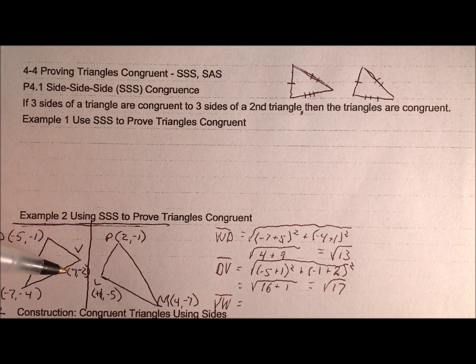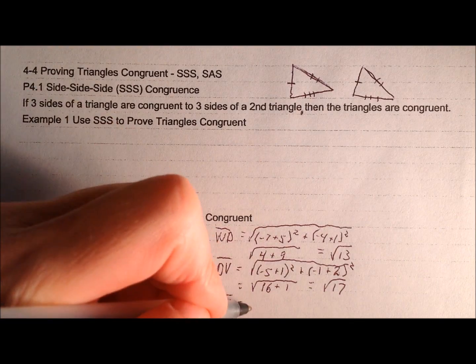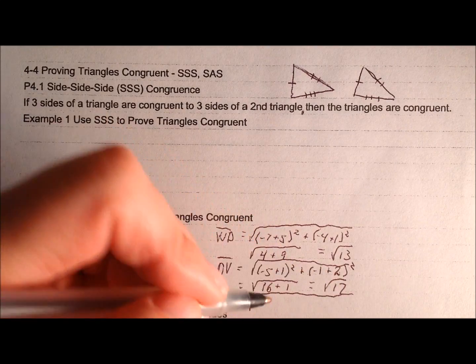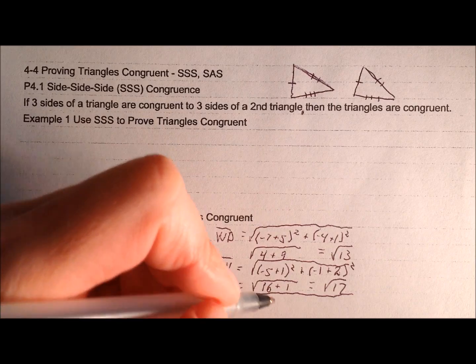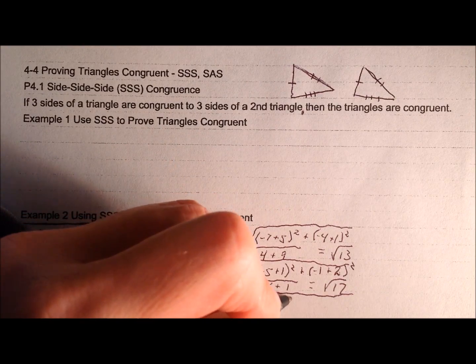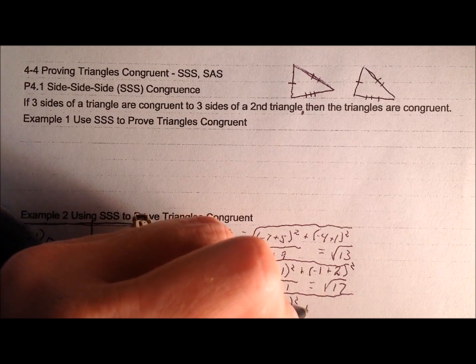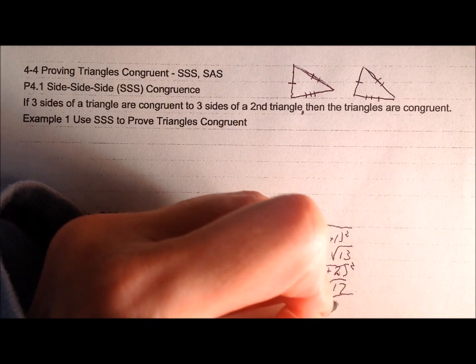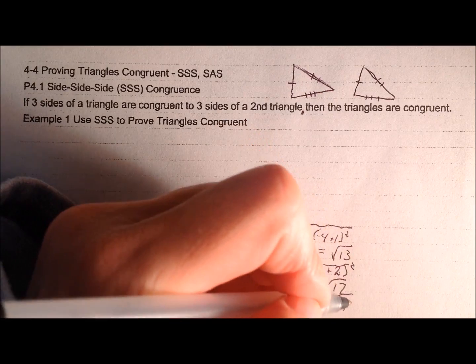And I should have left more room, but for segment VW, which has coordinates of -1, -2, and -7, -4, we'll substitute those points into the distance formula. And we have -1 plus 7 squared plus -2 plus 4 squared.